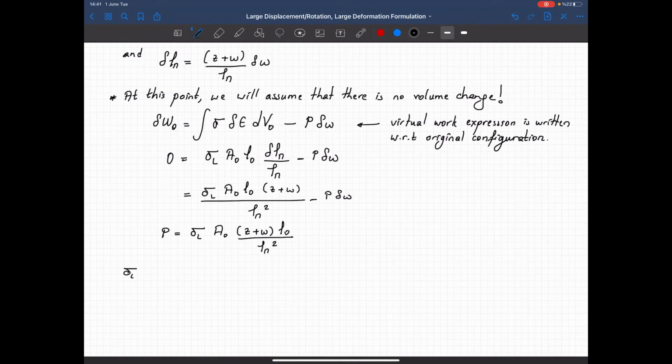So inserting sigma_L as equal to E times epsilon_L, I end up with the following expression.